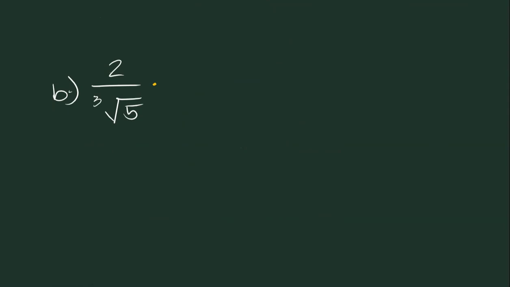So what will we do with this? How to remove this cube root? What we're going to do is multiply by the cube root of 5 squared over cube root of 5 squared. So why is this?